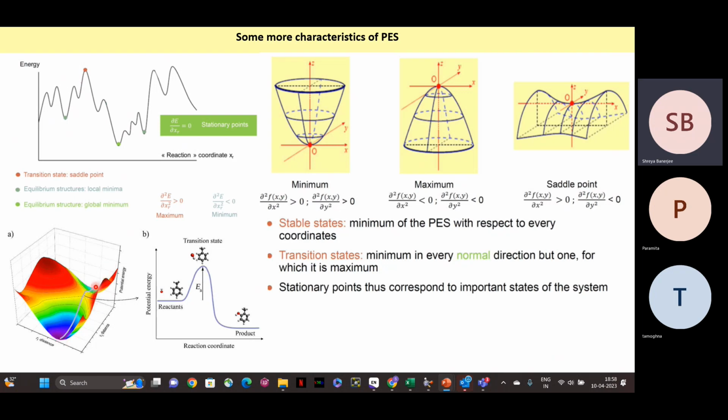So the reactant and product will both fall on either side of a saddle point. And this saddle point is represented by taking the double derivative of the energy, and it will be positive with respect to x and negative with respect to y, or vice versa. So the transition point is defined by that.